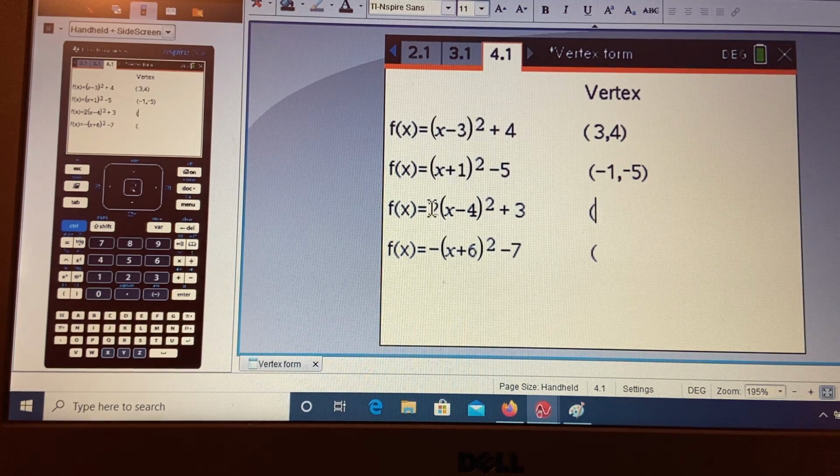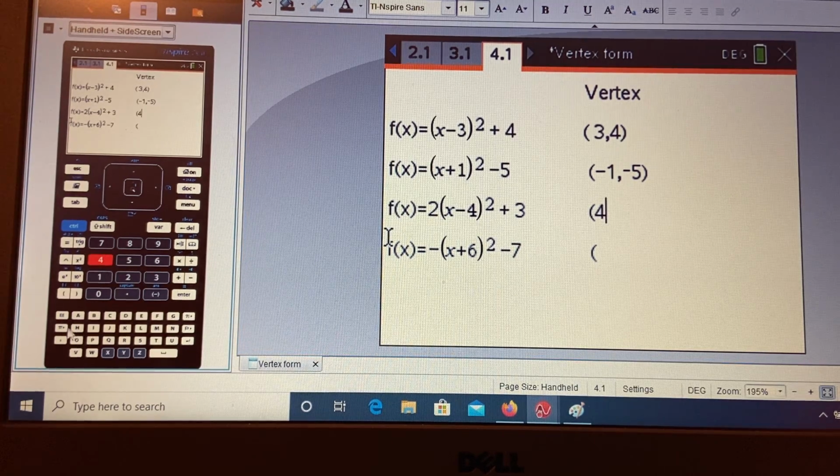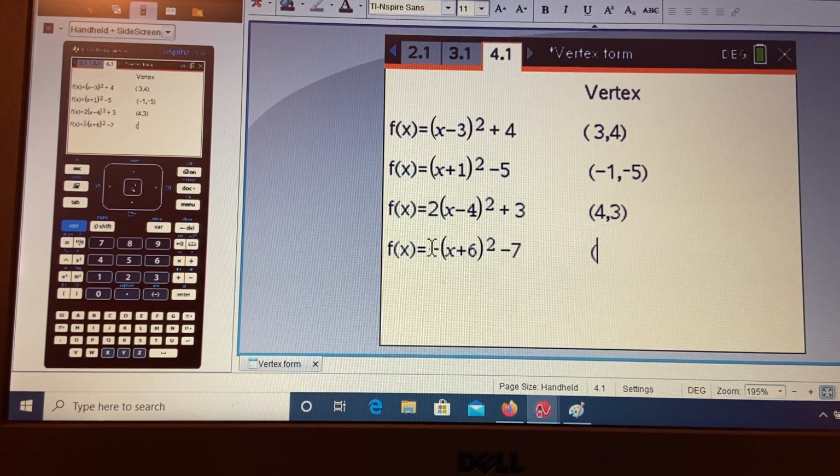Now here we do have an A value. Our 2 is going to make the graph thinner, but it's not going to affect our vertex. So we have an opposite of -4. So we're going to put a +4 for our x value, and then a +3 for our y value. And then on this graph, if you look at our A value, it's a negative.